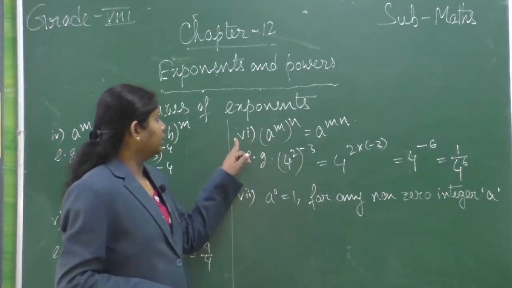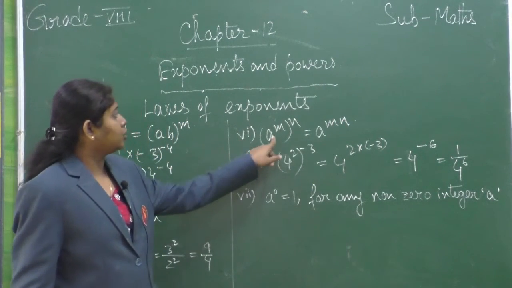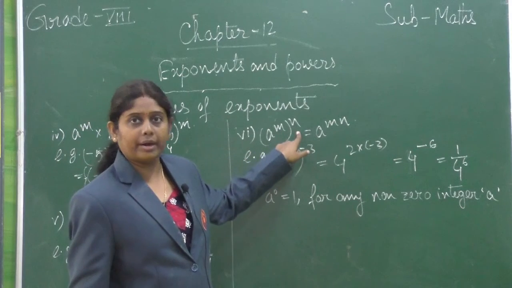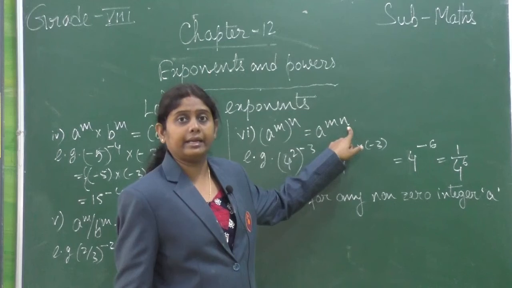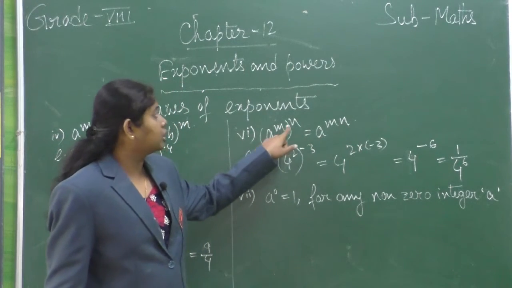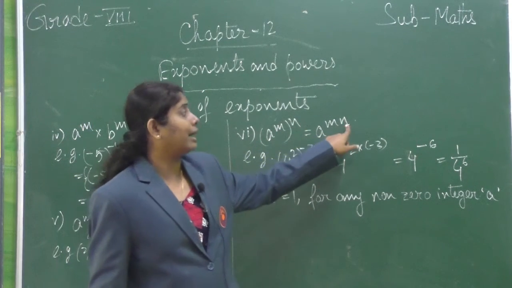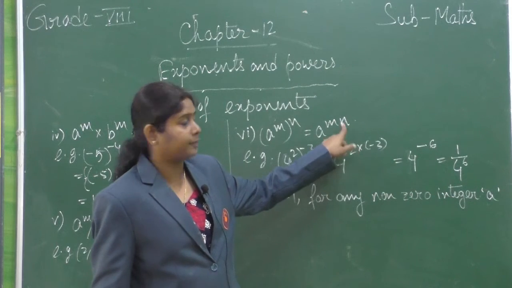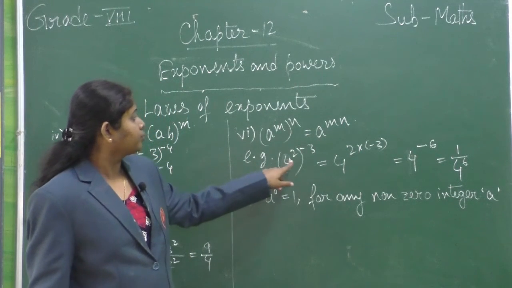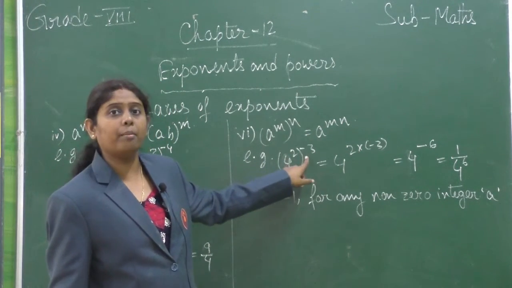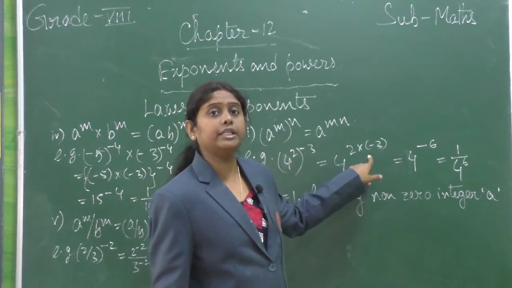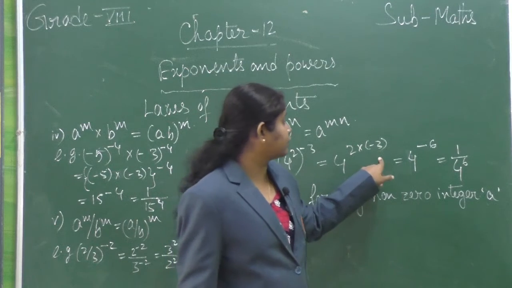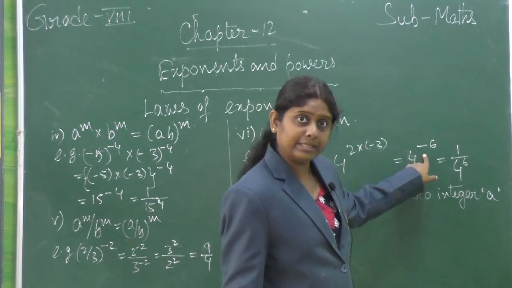Let us move to the sixth law. a to the power m whole to the power n is equal to a to the power mn. That means two different powers are going to multiply in the exponent part. Example: 4 square whole to the power minus 3 is equal to 4 to the power 2 into minus 3, which gives you 4 to the power minus 6.